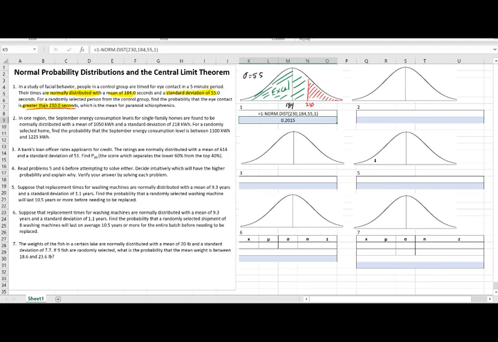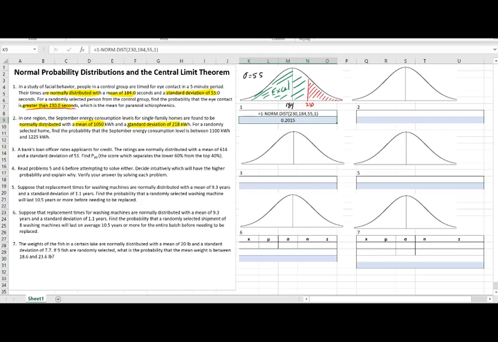Number 2. In one region, the September energy consumption for single-family homes was found to be normally distributed with a mean of 1,050 kilowatt hours and a standard deviation of 218 kilowatt hours.